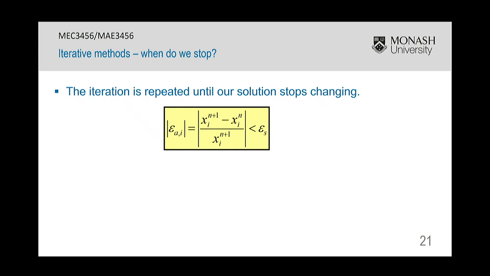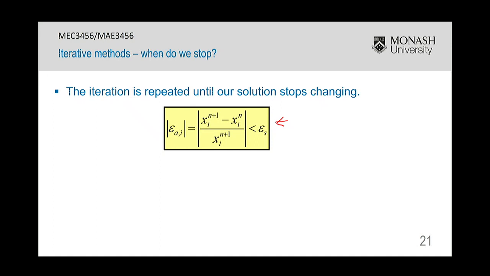With both Jacobi and Gauss-Seidel, the key question arises, well, how many times do we do this iteration? When do we actually stop? There's probably a number of different ways of doing this, but the way I'm going to suggest is that you continue your iteration until this condition here is satisfied. So let's just have a look at this.